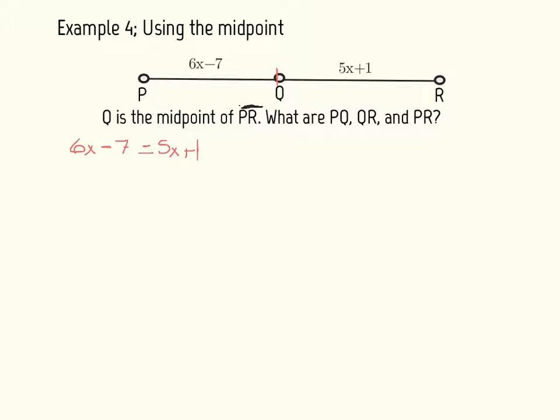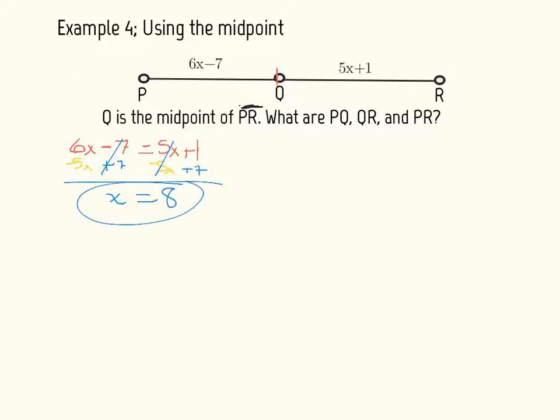Alright, so now we're just going to solve for x. So I'm going to subtract the 5x over. And then I'm going to add the 7 over. And this is just algebra. Just doing what we did in algebra. So that's going to give me an x. And a 1 plus 7 is 8.